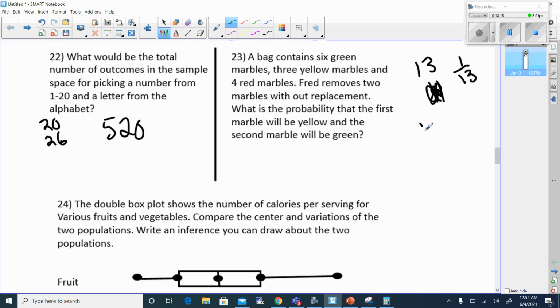If the first one's yellow and the second marble is green, well, there are 6 green marbles, so there's now 6 out of 12, and that's equal to 1/2. And now I got to multiply these together. 1 times 1 is 1, and 13 times 2, that's 26. There's a 1 in 26 chance of that happening.